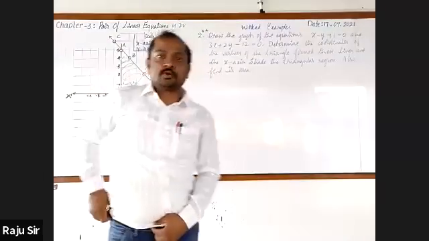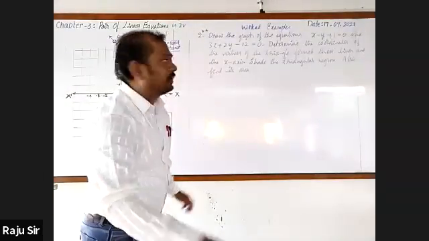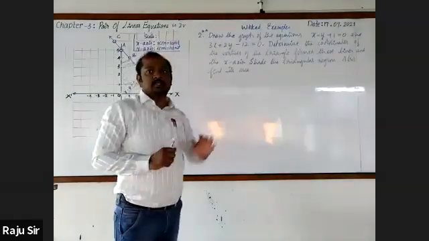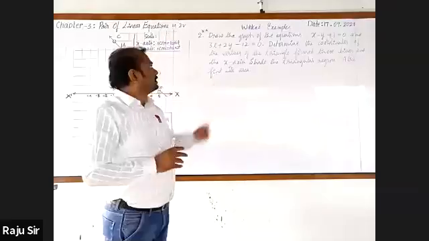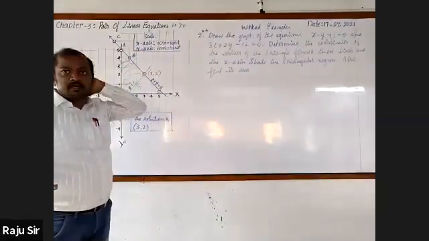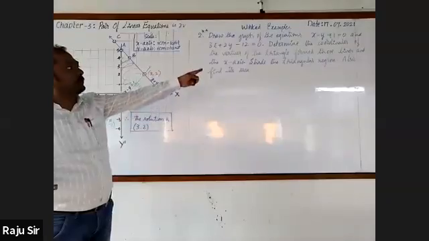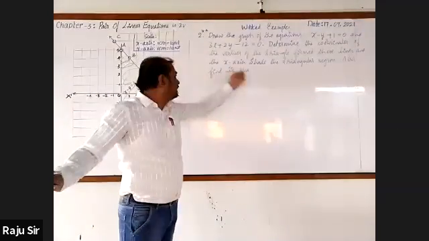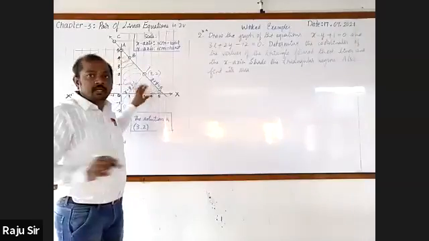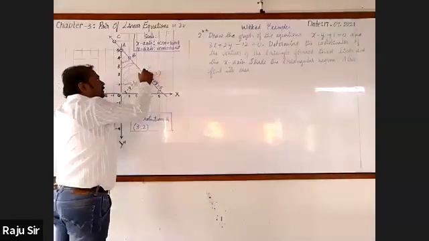Once you go through the statement, the question is, first we have to draw the graph for both the equations. Second sub question is, you will get a triangle which is formed by the two lines and the x-axis. In that, you will get three vertices.